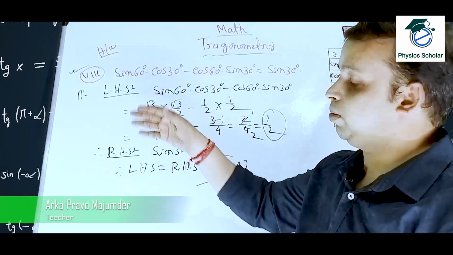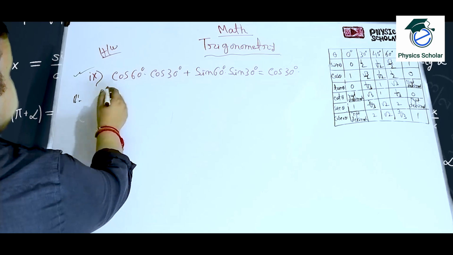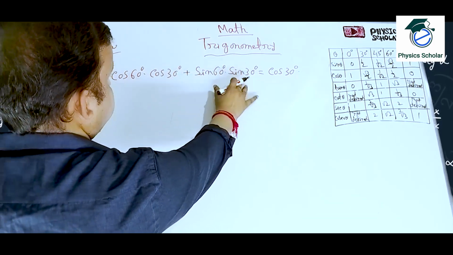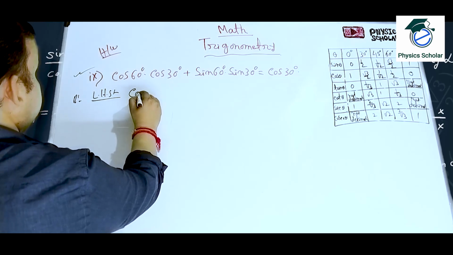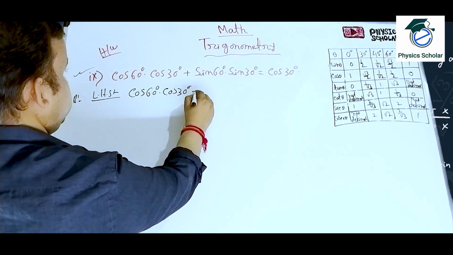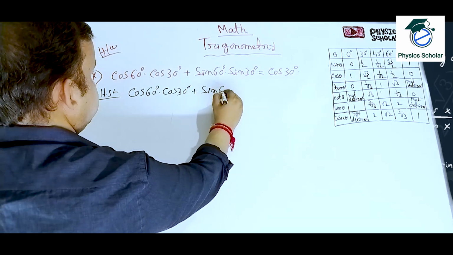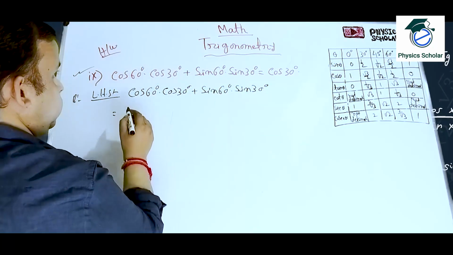Now let us move to the sum number 9. So students, it is also a proof, we have to prove this plus this is equal to this. So left hand side, what is given? Cos 60 degree into cos 30 degree plus sin 60 degree into sin 30 degree. So what is the value of cos 60?